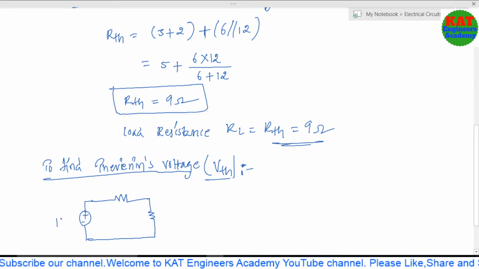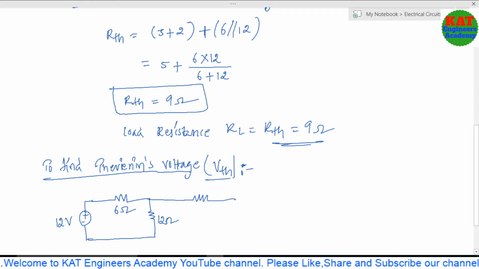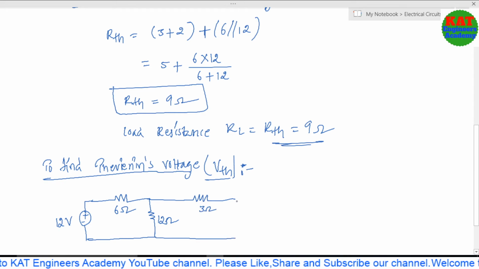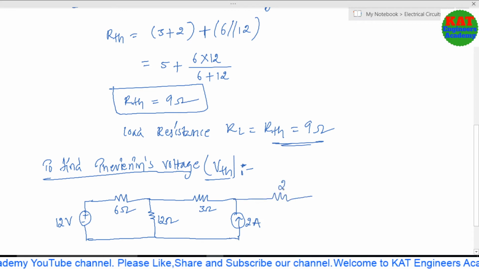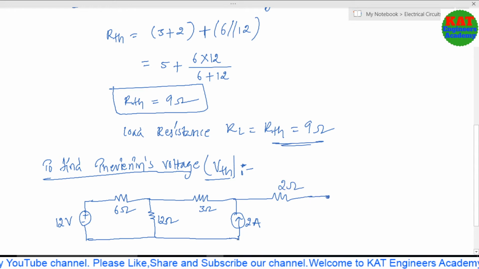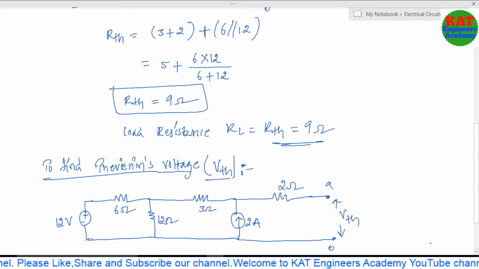The source is 12 volts, here this is 6 ohms, this is 12 ohms, next this is 3 ohms, next this is 2 amps, next this is 2 ohms. Next you have to open the load resistor, then this is A, this is B. Now in between these two terminals you have to calculate the voltage drop, and that voltage drop is VTH.